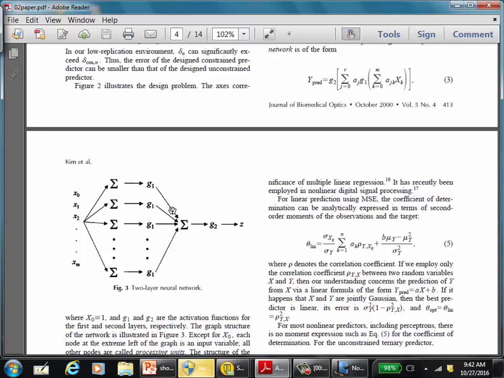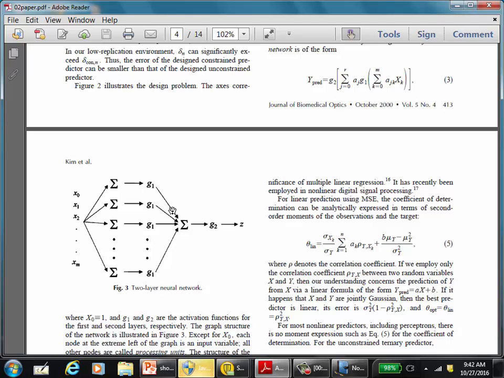So we want to derive equation number 5, this equation here, in this paper. Because see, in most cases, you're not going to be able to calculate the conditional expectation, so you're not going to be able to get the error of the best predictor in the unconstrained case.